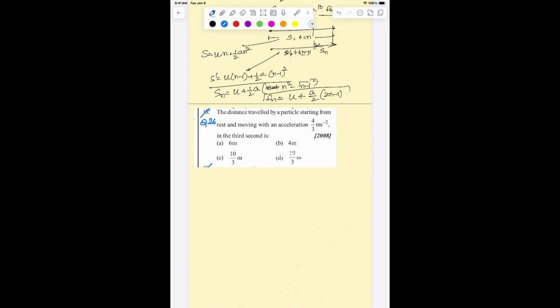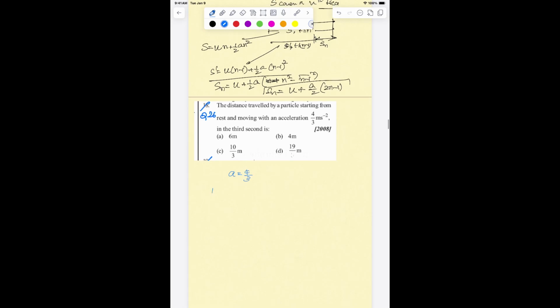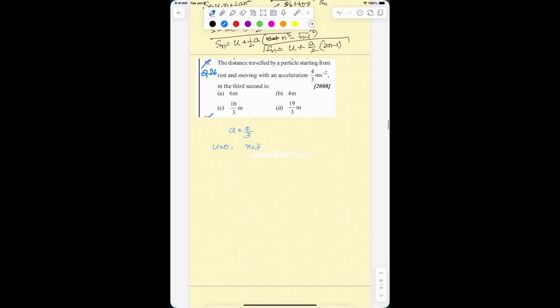Let's try. The distance traveled by a particle starting from rest and moving with an acceleration of 4 by 3 in the third second. Starting from rest, u is equal to 0. During the third second, we use the Sn formula and put n equal to 3.